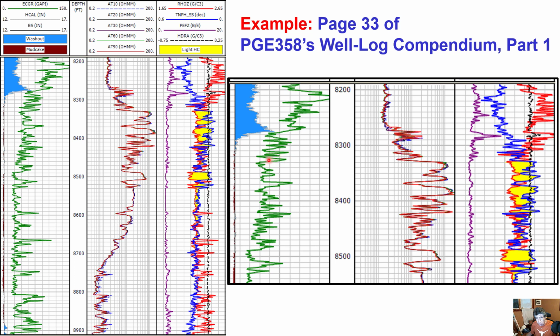But between 8,320 and 8,500, that increase of gamma ray log values does not correlate with what we see in the other logs. And what's going on here? So it turns out that this segment of the sedimentary sequence in this well in the North Sea begins to have abundant concentration of volcanic material.